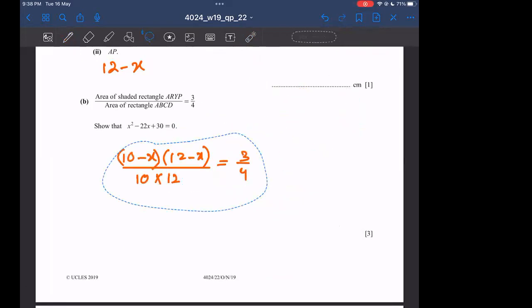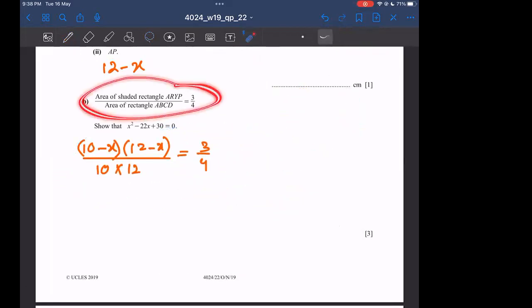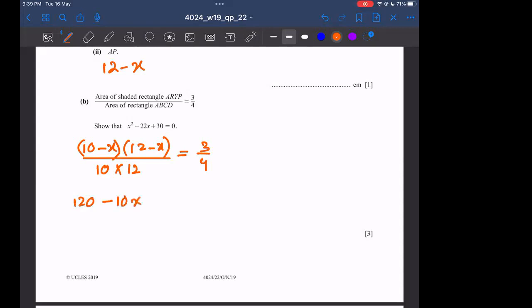So how are we going to find this equation now? We have just used the conditions given in the question. We multiply 10 into 12, it becomes 120. 10 into X is minus 10X. Minus X into 12 is minus 12X. Minus X into minus X becomes plus X square. And on the other side, 10 into 12, if we cancel, 4 ones are 4, 3 fours are 12, it becomes 30 here.